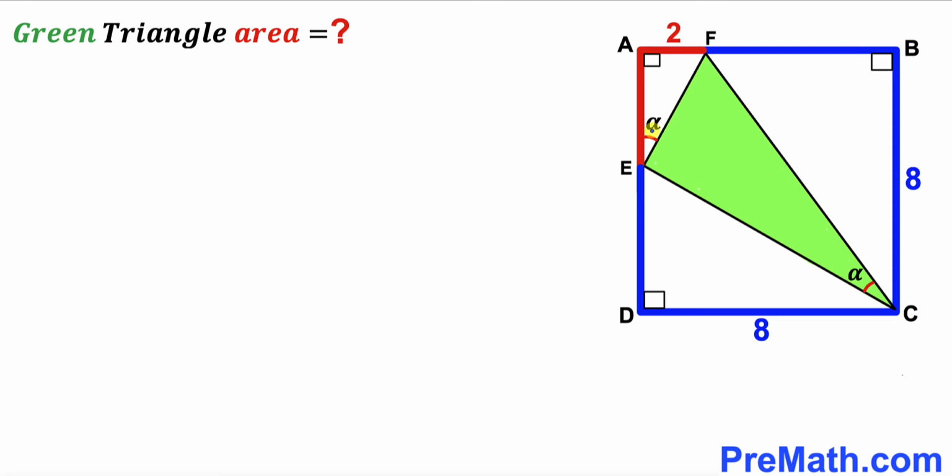Furthermore, this angle AEF is alpha, and likewise this angle ECF is alpha as well. Now our task is to calculate the area of this green shaded triangle EFC.